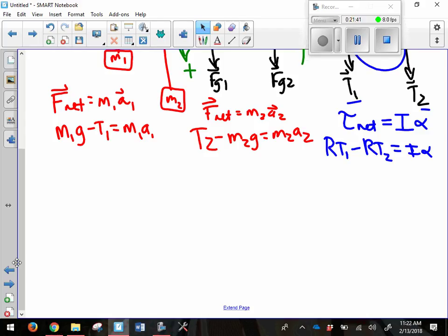Now, if you remember, I want to know the acceleration of the system. That's almost always what I want to find in an Atwood's machine. Now, you may recall from when we did the Atwood's machine originally in class that we were able to say something about the accelerations.